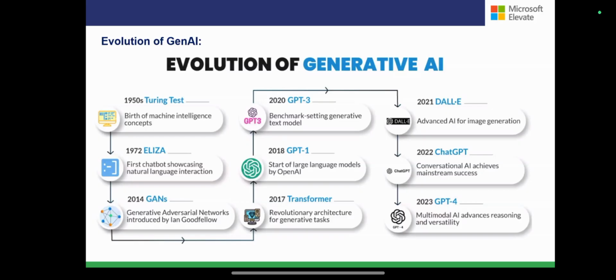Then after 2018, in 2020, GPT version 3 came, with certain benchmarks and advanced improvements, right? Then in 2021, DALL-E came. DALL-E is majorly for image generation, so nowadays we are able to generate images, right? This is how it has been possible. Nowadays we are also using Stable Diffusion to generate images. A lot of different things are there.